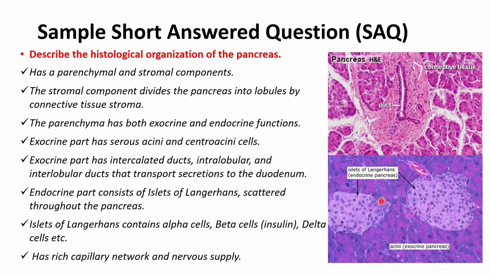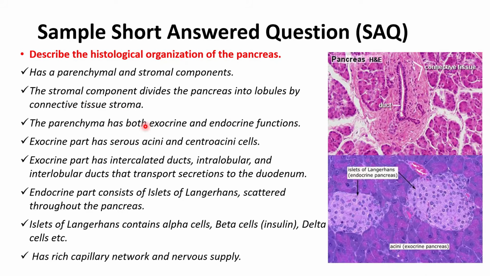The pancreatic juices and pancreatic enzymes are produced by the exocrine part. The islets of Langerhans, the endocrine pancreas, produce hormones: insulin produced by beta cells, glucagon by alpha cells, somatostatin by delta cells, and PP cells and F cells also produce hormones.